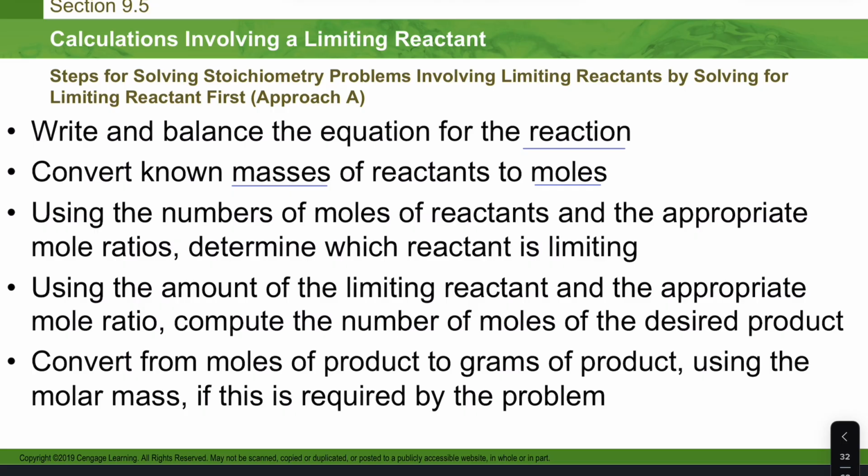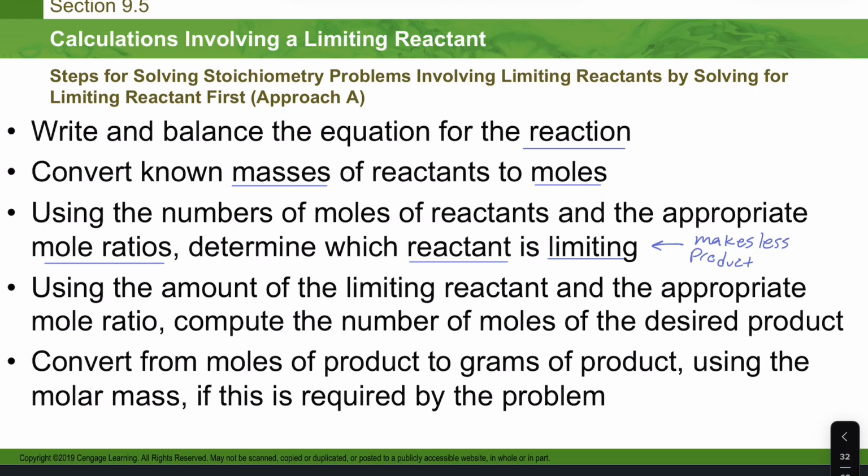It's going to need to be in moles. You can use the number of moles of reactants and the appropriate mole ratios, so the reaction equation itself, to determine which reactant is going to be the limiting one, which one makes less product.